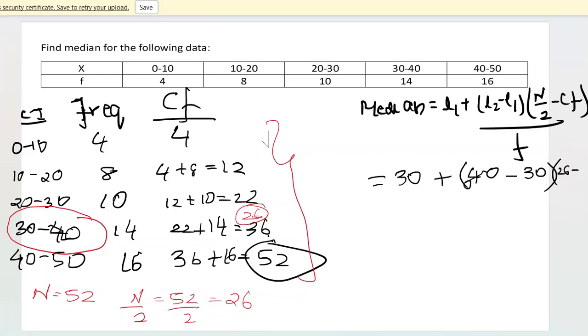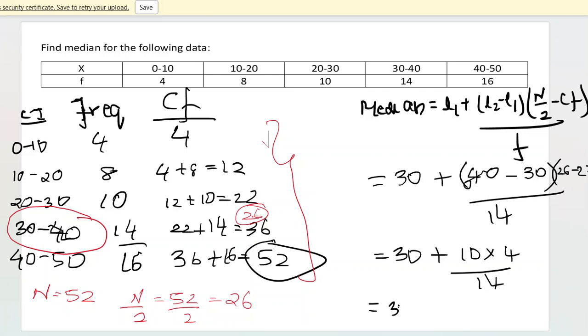Now, CF is basically, see, this is the median class. 30 to 40 becomes the median class. So, CF will be the value above, which is 22. And frequency is the frequency of the median class, put it. So, we get 30 plus 40 minus 30, which is 10, times 4 upon 14.